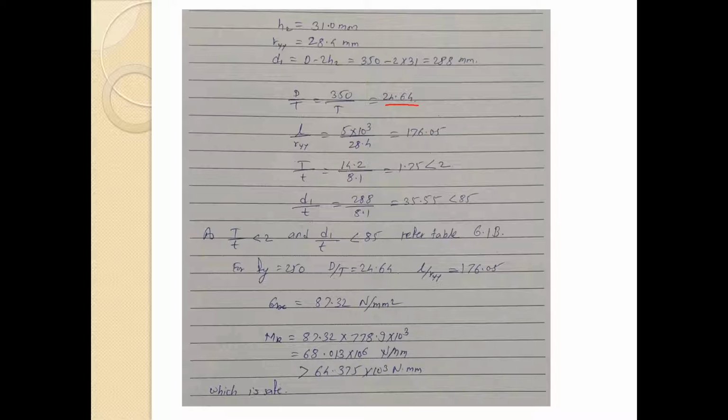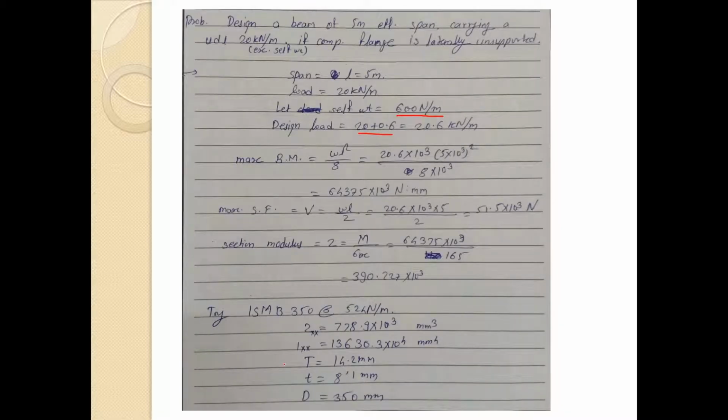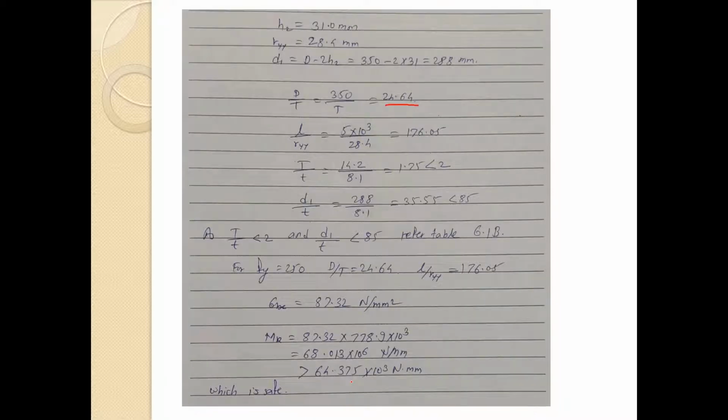Then T by t, that is 14.2 divided by 8.1, so you'll get 1.75, which is lesser than 2, and d1 by t, that is 288 divided by 8.1, so 35.555, which is again lesser than 85.